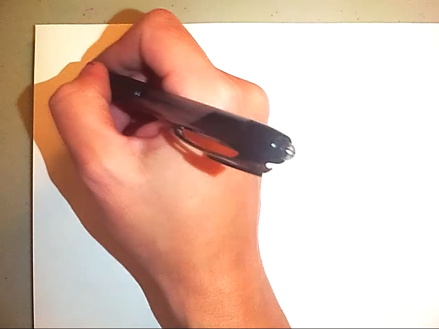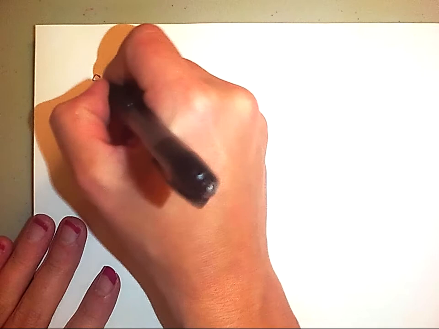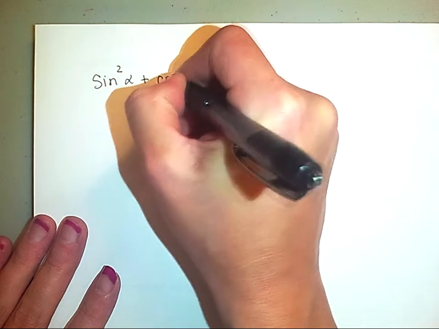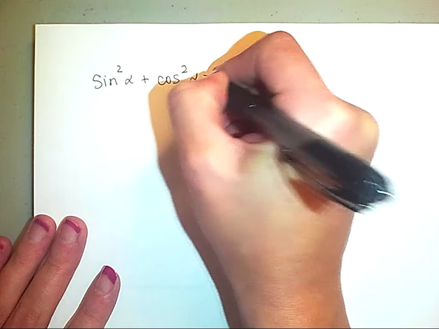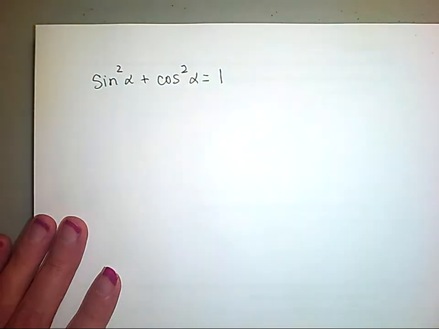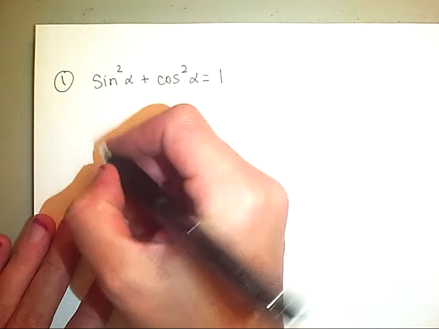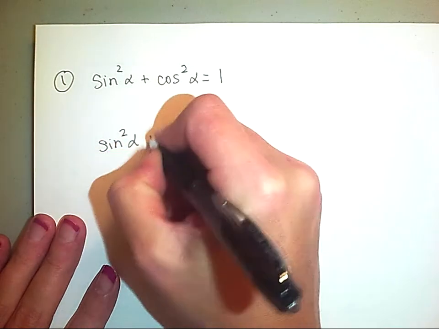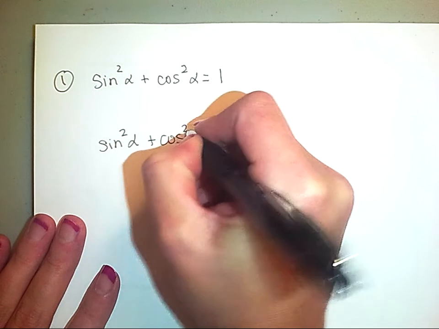We also have our Pythagorean identities that come directly from the circle. Remember that sine squared of alpha plus cosine squared of alpha must be equal to 1. That's our first form. Now I'll go through the derivation again so you guys remember how we do this.